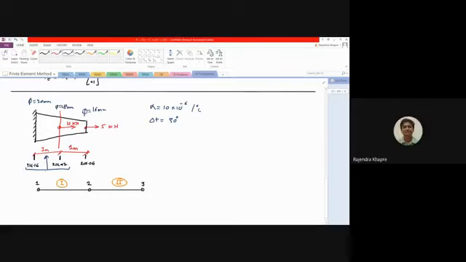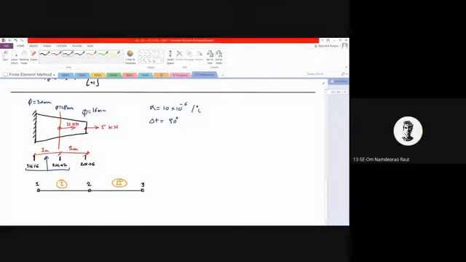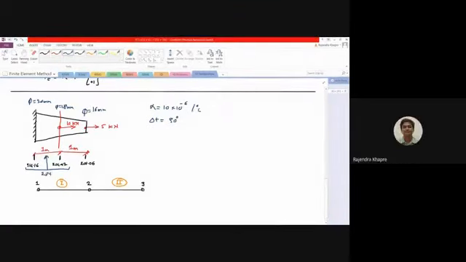Sir, 284.315. Okay, so this is the average area of element 1.